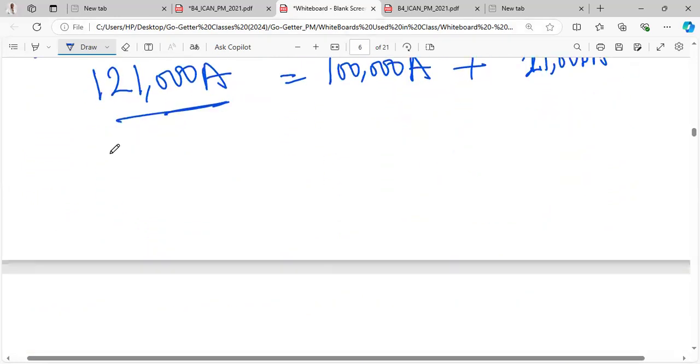So just know that when you calculate your labor variance, you have the efficiency variance and the rate variance. The same way you calculate your direct material is the same way you calculate your direct labor.